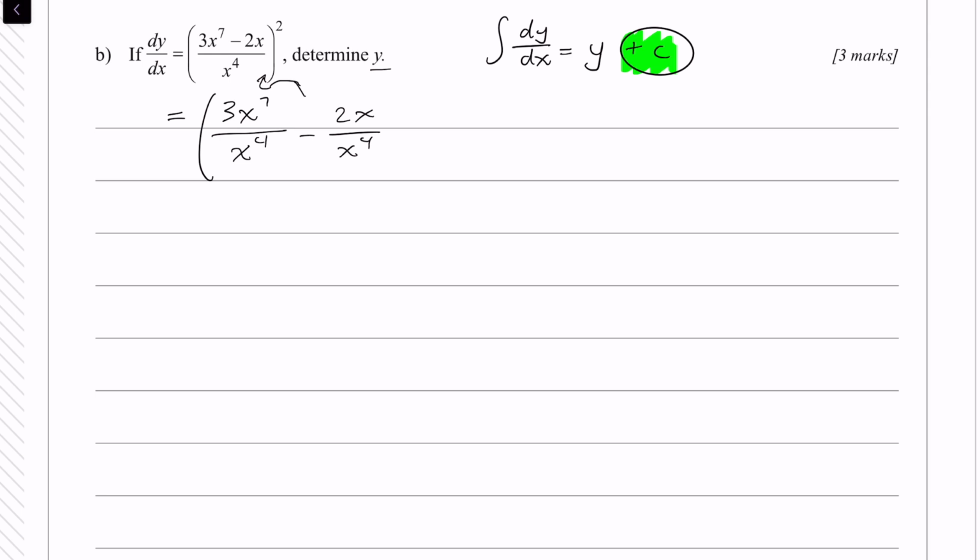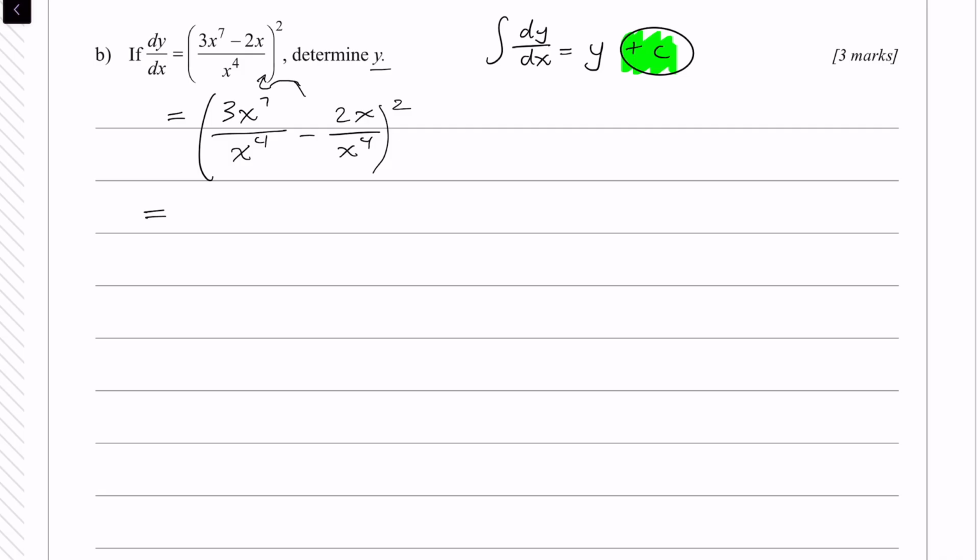Because remember, if we have the same thing on the denominator, then we can just combine the numerators together. But in this case, we want to separate them so we can further simplify and make it in a form that we are more comfortable with integrating, such as the exponent power form, as I mentioned.